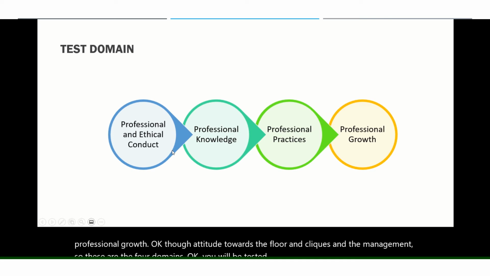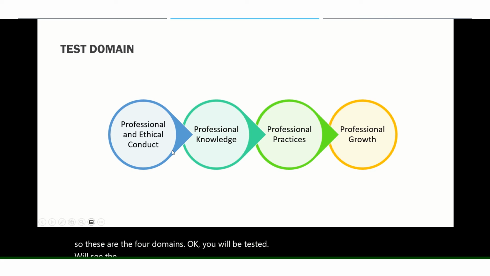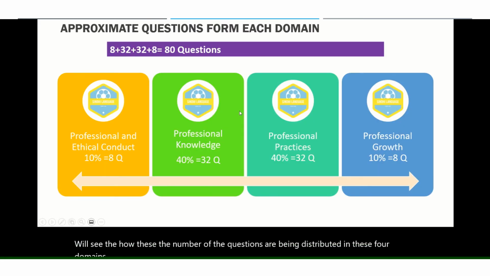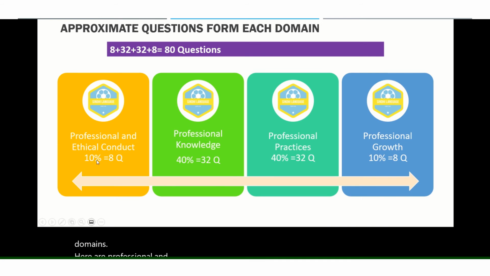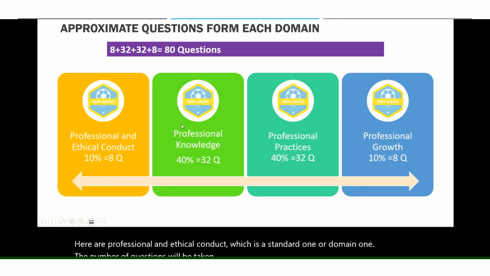We'll see how the number of questions is distributed in these 4 domains. Here professional and ethical conduct, which is standard 1 or domain 1, will have 10% of the questions, professional knowledge 40%, professional practices 40%, and professional growth 10%.